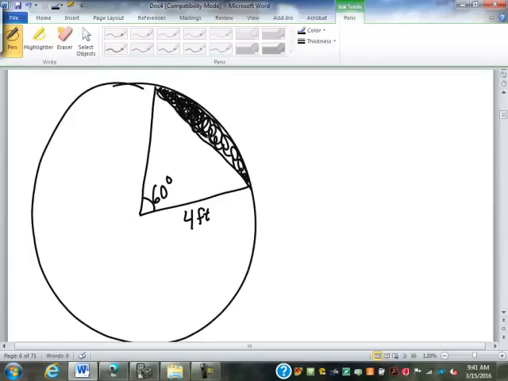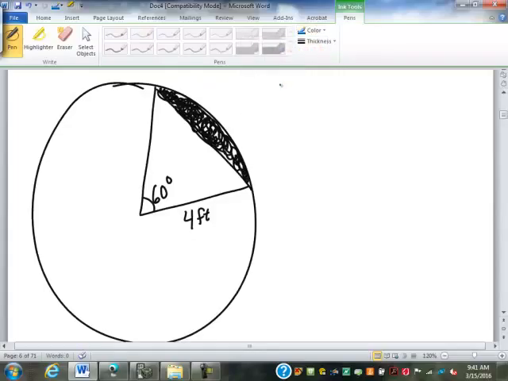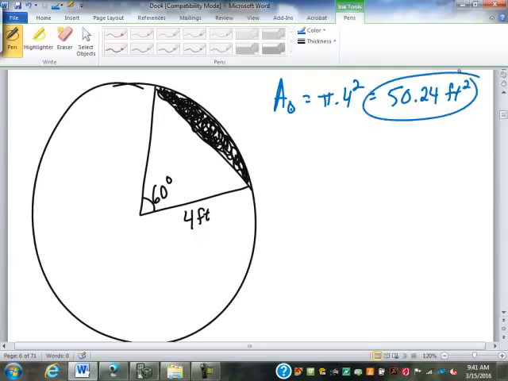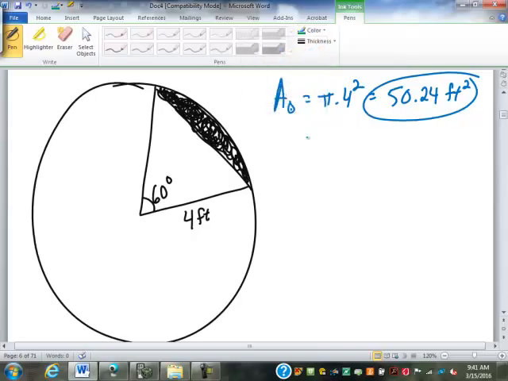How can I find the area of that segment? Okay, so let's find the area of the whole circle first, which is going to be pi times 4 squared, otherwise known as about 50.24 square feet.